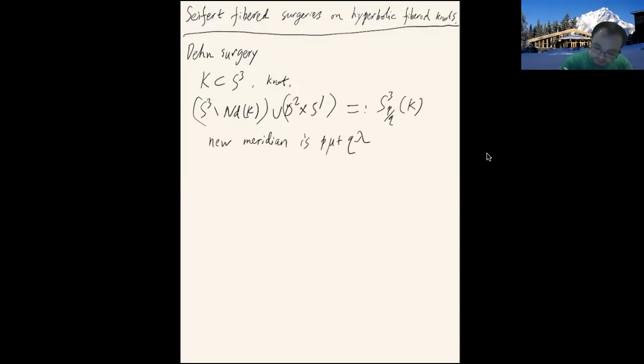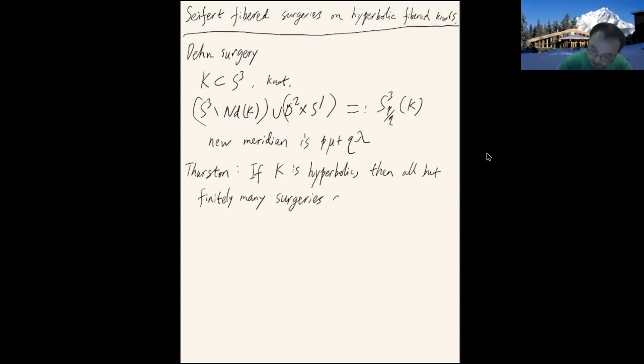Now, the Seifert hyperbolic dense surgery theorem says that if K is hyperbolic, then all but finitely many surgeries are hyperbolic.